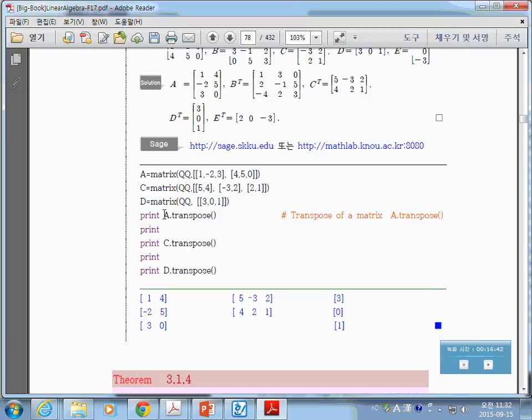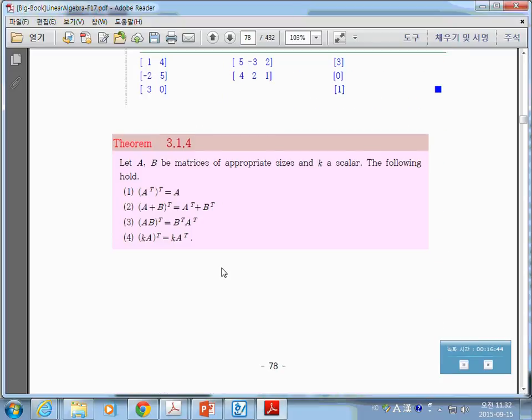And yeah, you can easily find the transpose matrix with this command, transpose of A. Suppose A and B are matrices of the appropriate size and k is a scalar, then the following hold. The transpose of the transpose is A. The transpose of A plus B is A transpose plus B transpose. The transpose of AB is B transpose times A transpose.